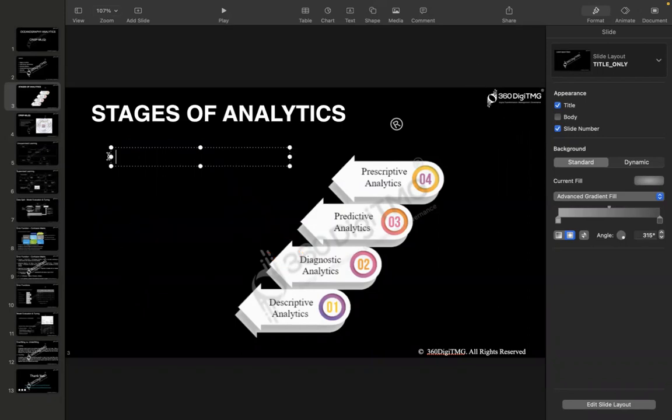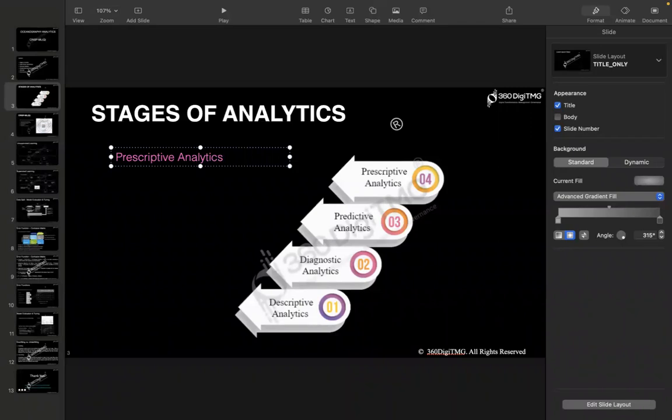And last we have prescriptive analytics.